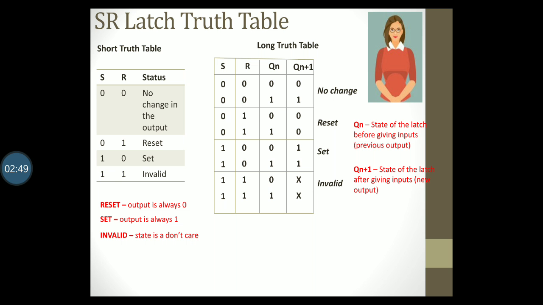The fourth column is Qn plus 1. Qn plus 1 is nothing but the state of the latch after giving inputs to the circuit. In fact, you can call it the new output of the latch. If you have still not understood how to write this truth table, then I would request you to go and watch the previous video on SR latch before proceeding with this video.